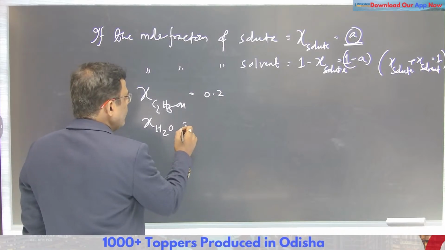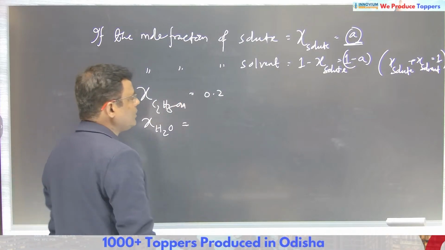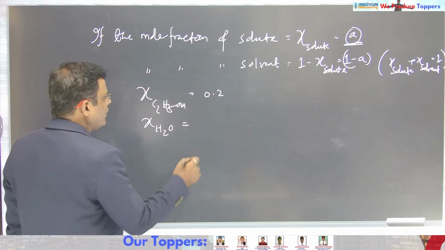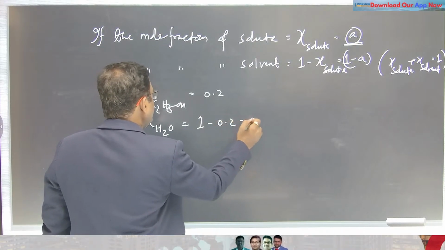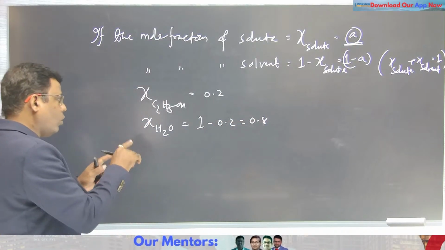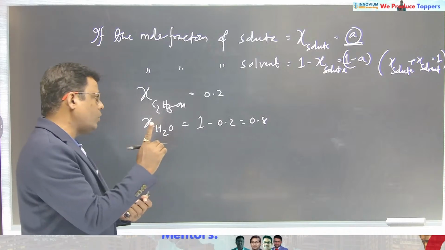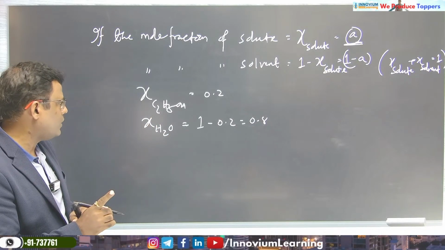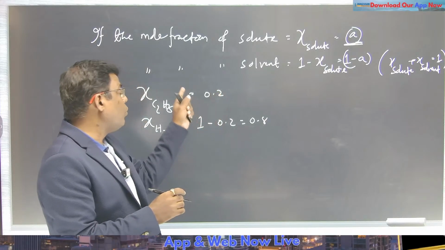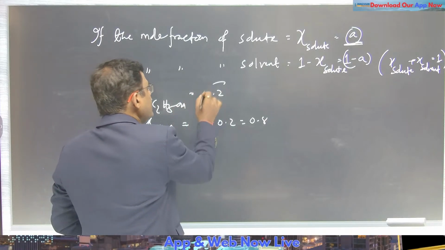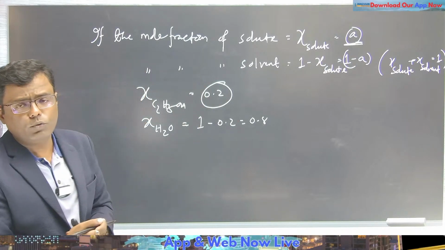In an aqueous solution of ethanol, if the mole fraction of ethanol is 0.2, then what is the mole fraction of water? Very easy, 1 minus 0.2, that is 0.8, meaning the total moles of solution is 1 mole. Out of 1 mole of solution, the moles of ethanol solute is 0.2 mole.